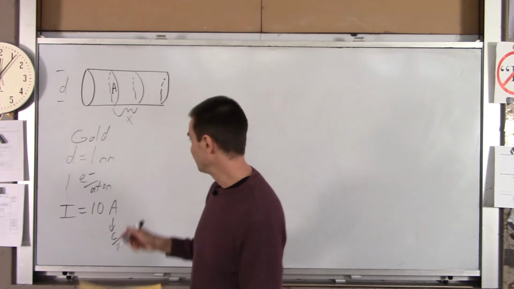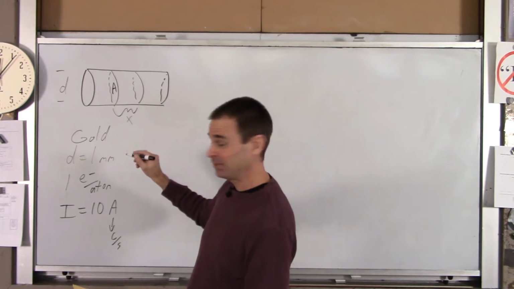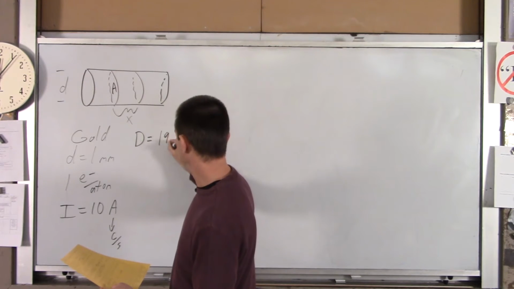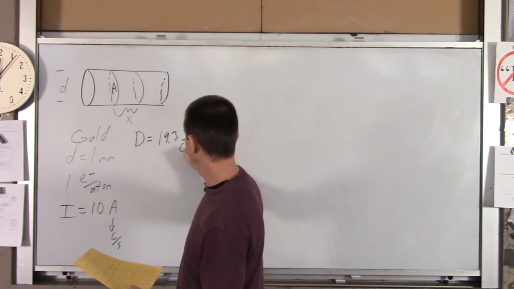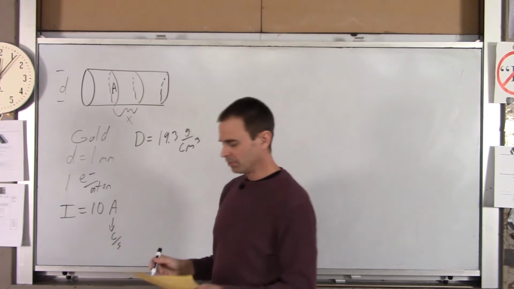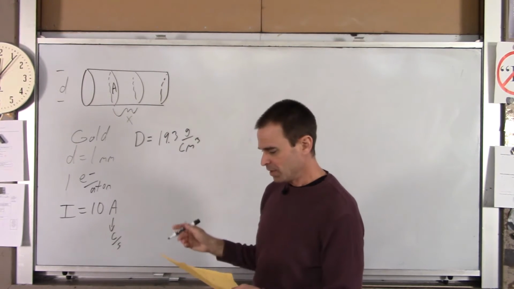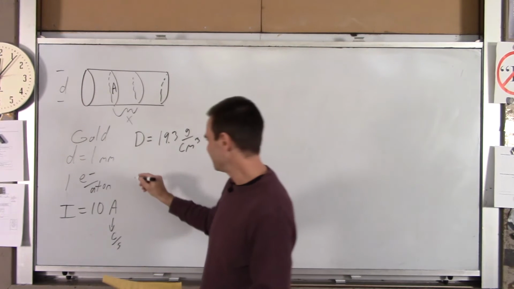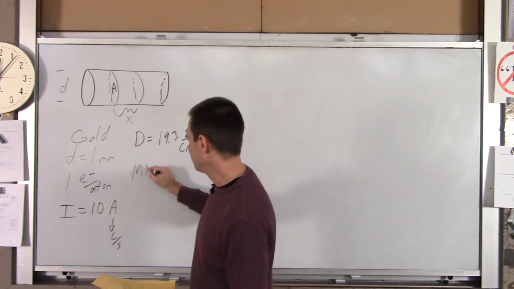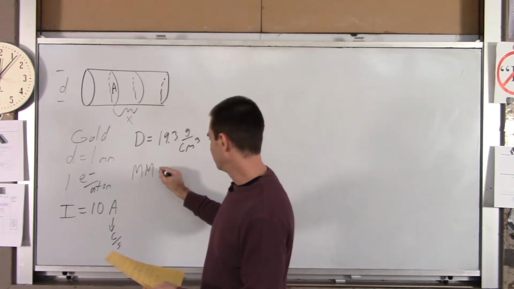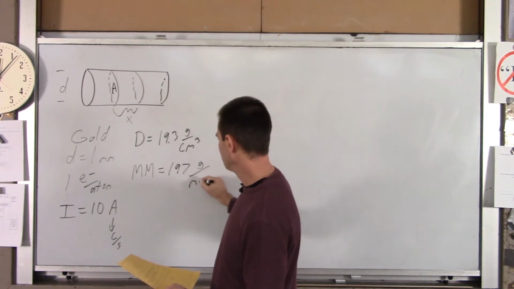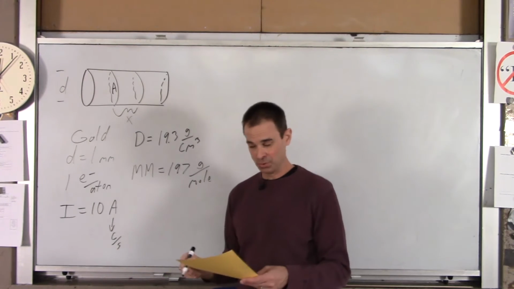We also know the density of gold. Yes, we're going to need density. The density of gold is 19.3 grams per centimeter cubed, and we're going to work in centimeters primarily. The molar mass of gold, which I'll abbreviate mm, is 197 grams per mole. We're going to need that too.